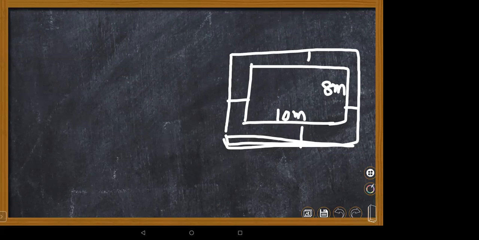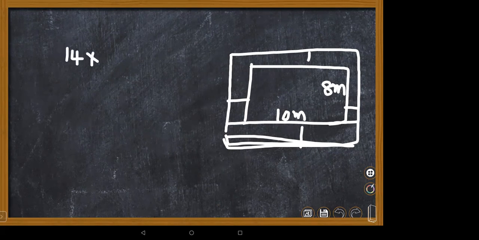Ma'am, that means the length of the outer rectangle will be 10 plus 4, 14 meters.